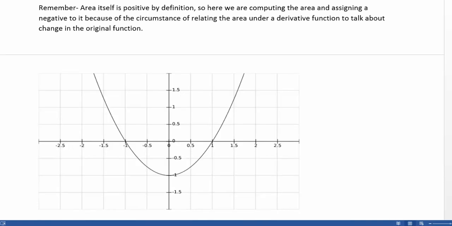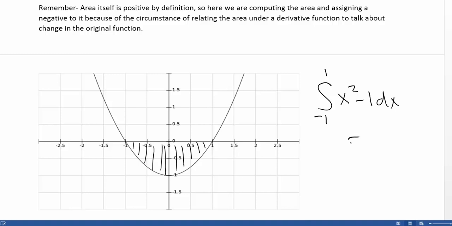Here's a picture of x squared minus 1. That's the integral we just computed. I'm going to shade in the area that we were looking at. We were considering what was happening from negative 1 to 1. We know that the integral from negative 1 to 1 of x squared minus 1 dx equals negative 1.33 repeating.